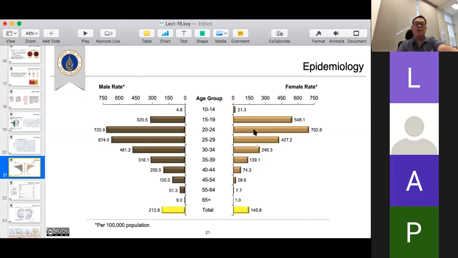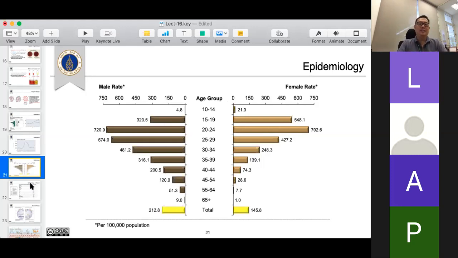That's why the number of gonorrhea cases is high. There is also some gonorrhea in infants. Infants do not have sex, but they get infected from a mother who has gonorrhea.